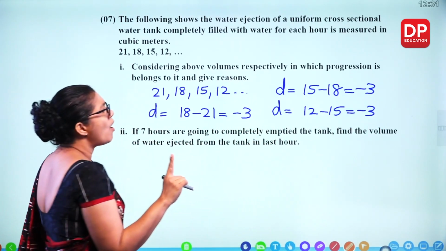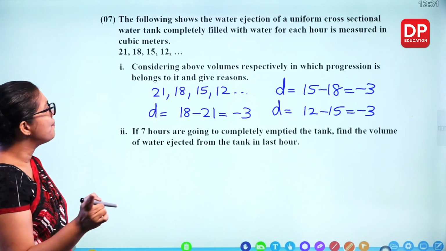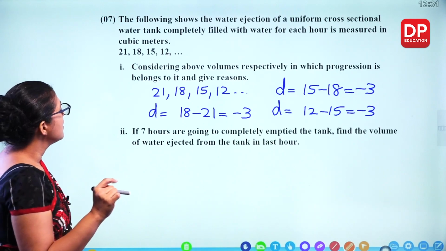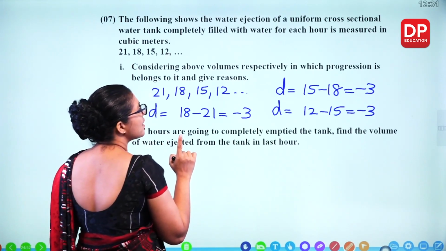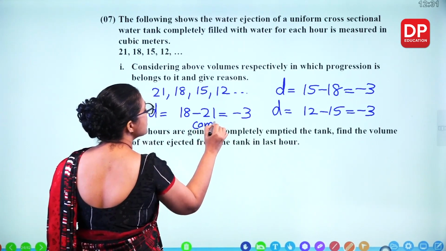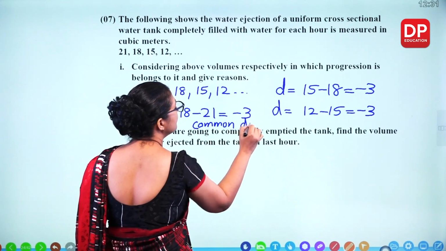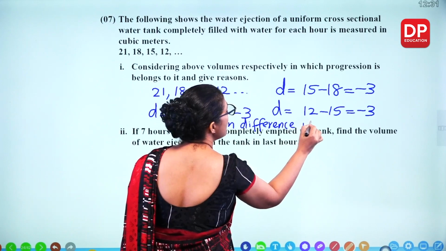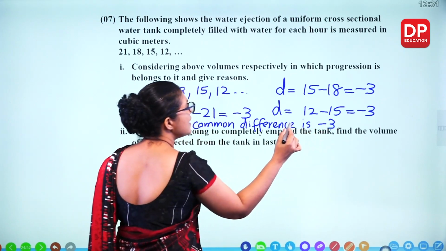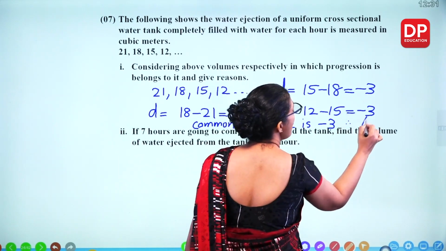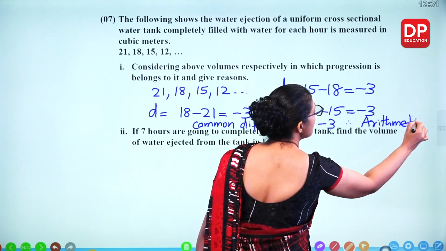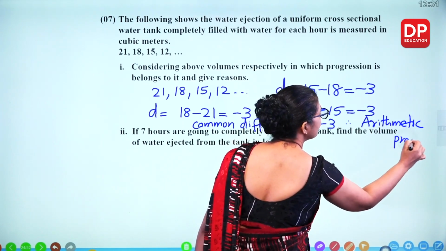So all the differences are the same. So this is an arithmetic progression. So we can say the common difference is minus 3. Therefore, it's an arithmetic progression.